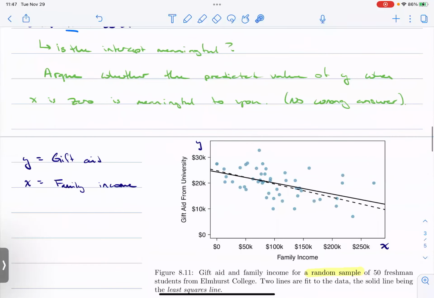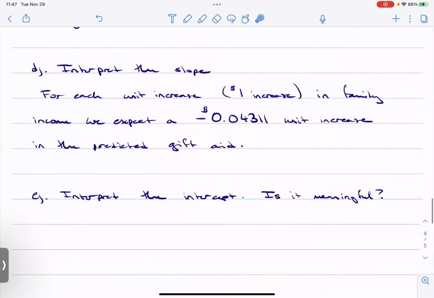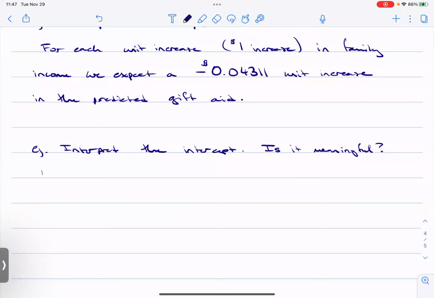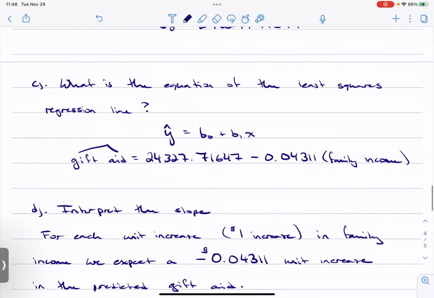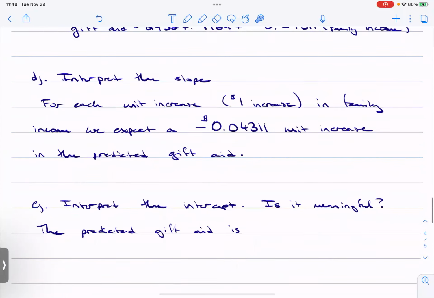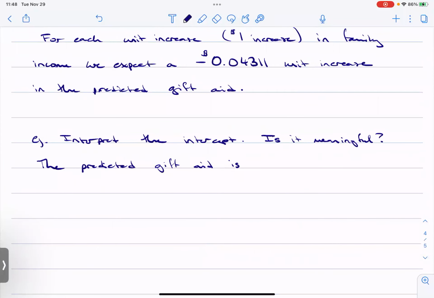Okay. So the predicted gift aid is the intercept, which is 24,327 and 72 pennies, is 24,327.72.